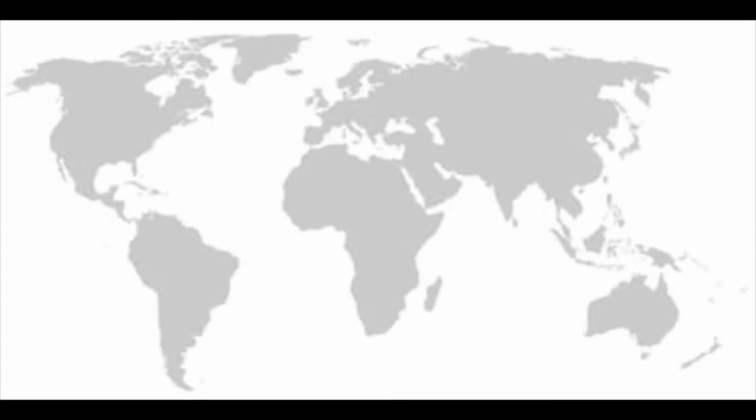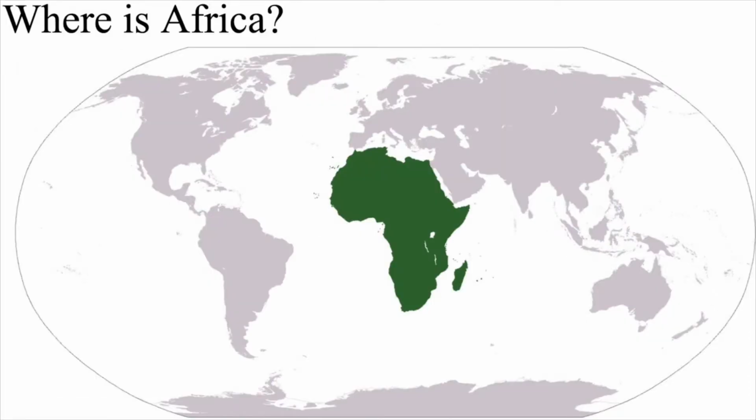My question for today is, where is Africa located? Africa is huge and diverse, and it is as diverse as it is huge. Africa is the second largest continent in the world and has a population of 1 billion people.